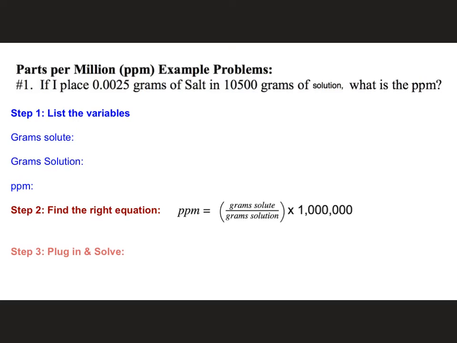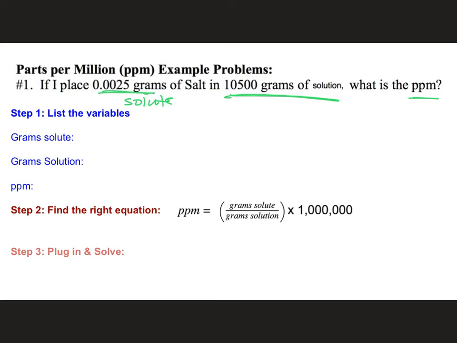So first, what I'm going to do is identify the different variables that we have. So we've got grams of salt, which is our solute. I'm going to write that there. This is our grams of solution, and it's asking for the ppm.